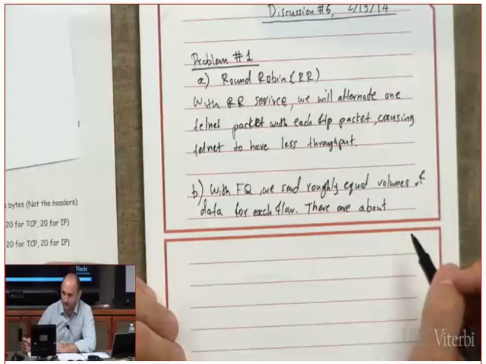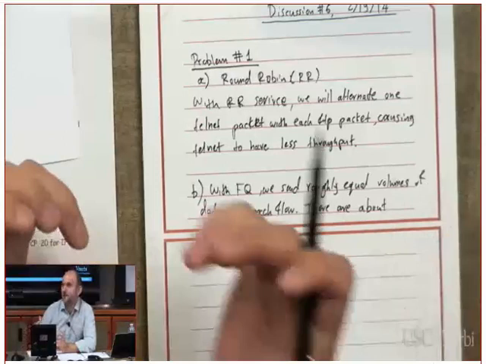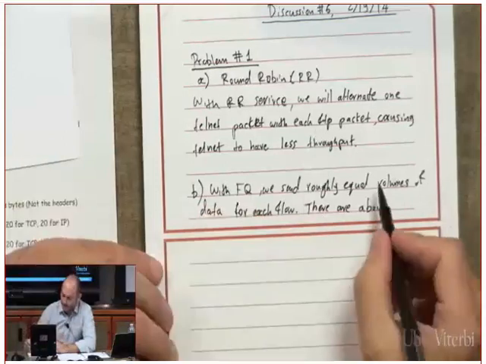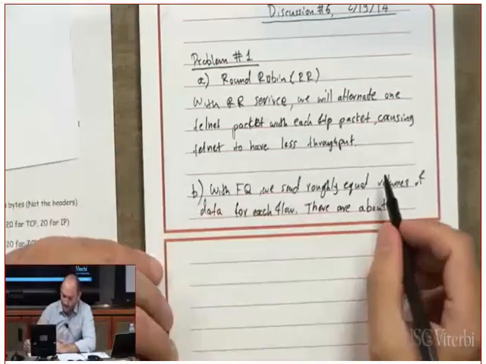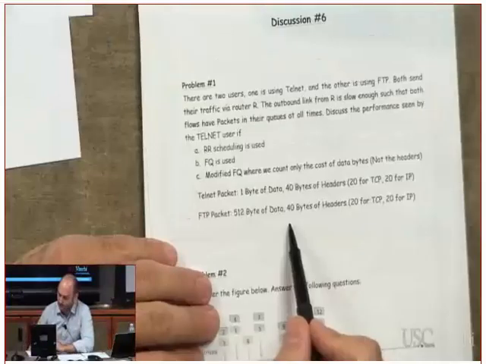That we send 13.5 Telnet packets per FTP packet. This is better than number 1, right? Than part A.